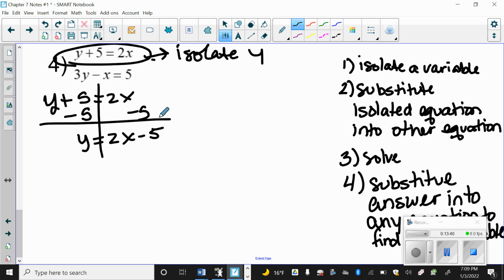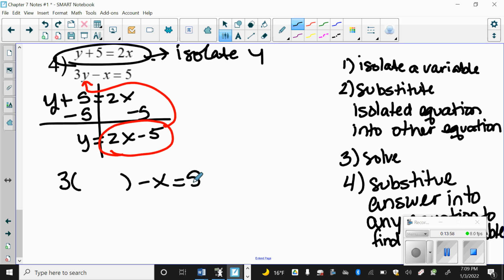So now that y is isolated, y is all by itself on the left-hand side of the equation, I can substitute what y equals into the other equation for y. So that other equation is 3y minus x equals 5. But again, we're going to take out y and we're going to substitute in 2x minus 5, what y equals. Y is what we're substituting for.